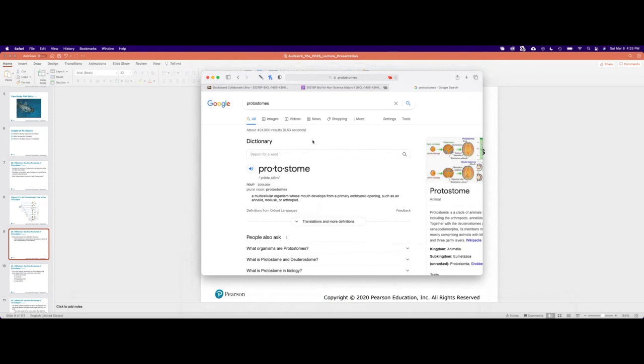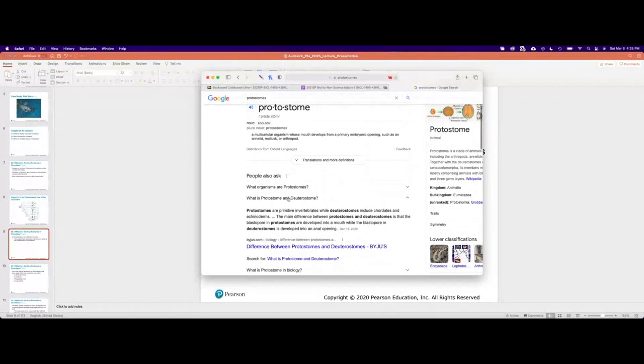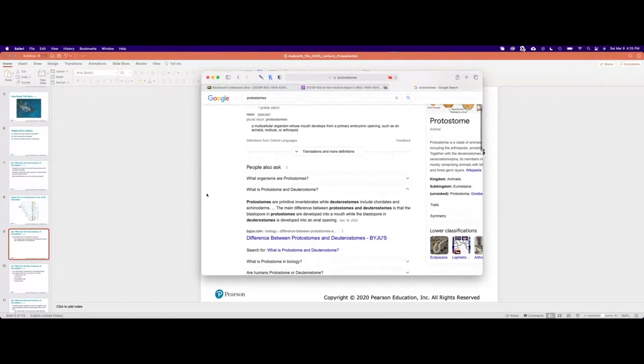In protostomes, the mouth is going to develop from that first opening, and then the anus is going to develop later on. So the difference between a protostome and a deuterostome involves that first opening called the blastopore. It's part of that hollow ball of cells that forms after an egg is fertilized. They all start to divide, and then they form this ball.